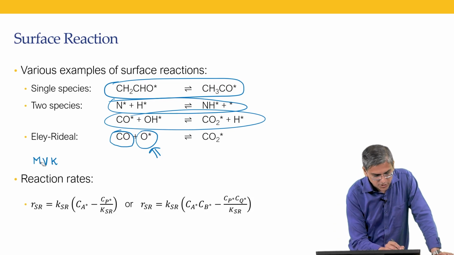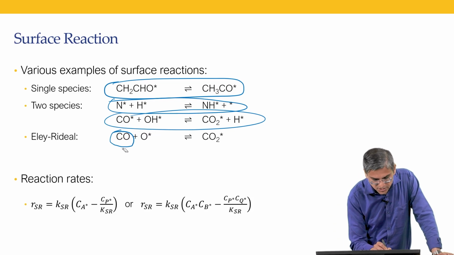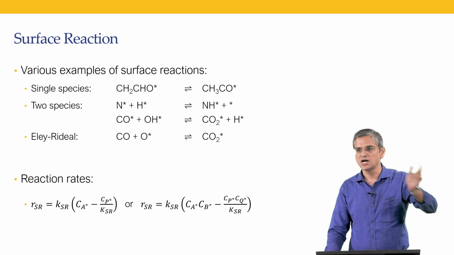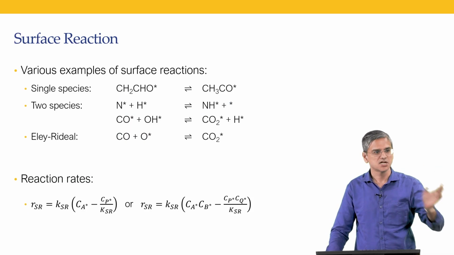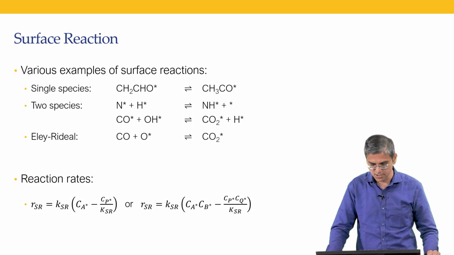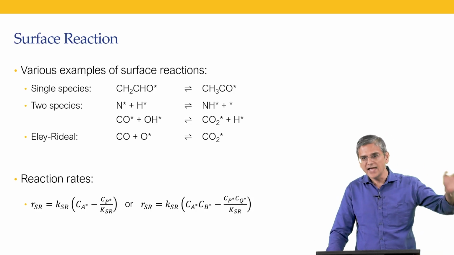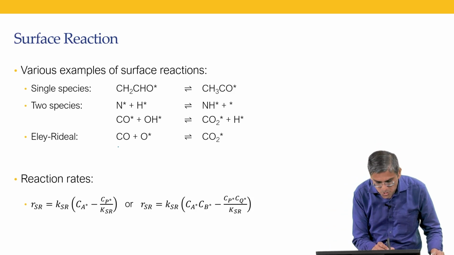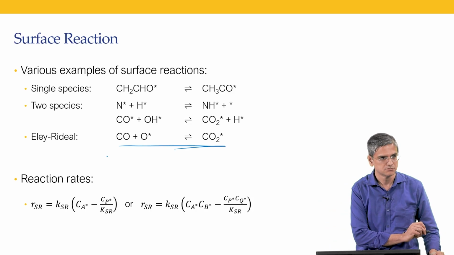As far as we are concerned, the 3 types of reactions that we are going to look at are A star going to product, A star plus B star going to products, and A gas plus B star going to product. So, this is not adsorption.